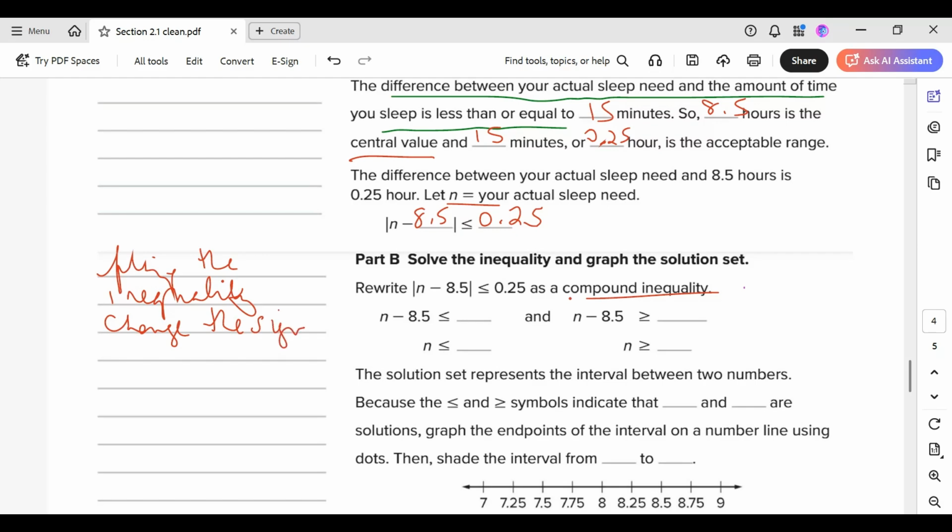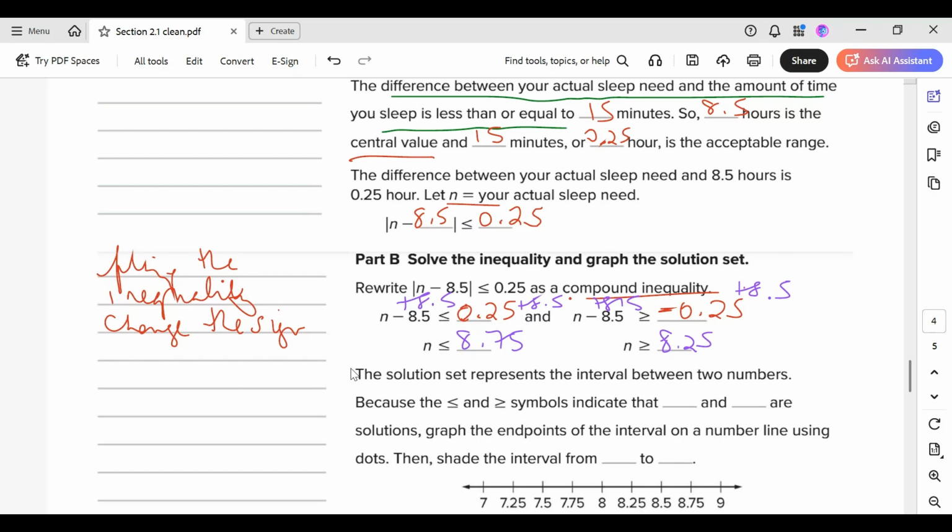So we see n minus 8.5 less than or equal to 0.25, and then n minus 8.5 greater than or equal to negative 0.25. So we are going to add 8.5 to both sides, and we get n is less than or equal to 8.75, and then n greater than or equal to 8.25.